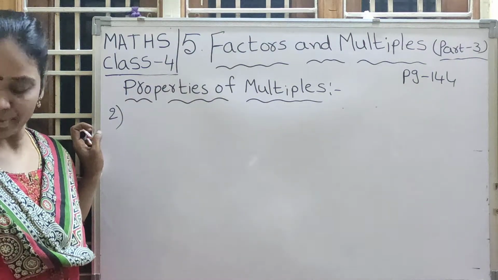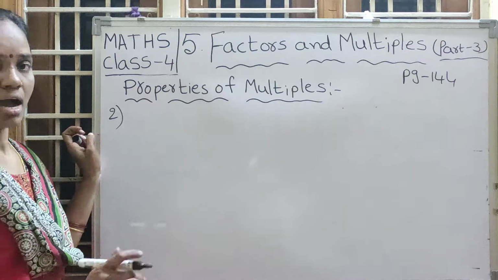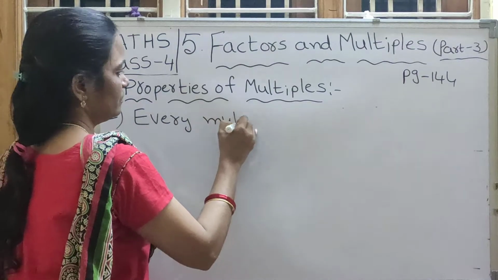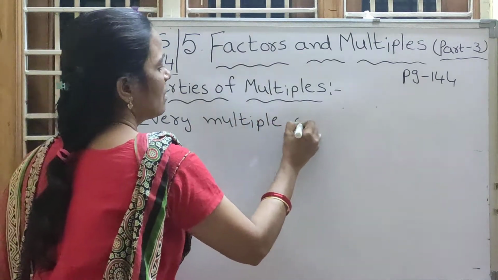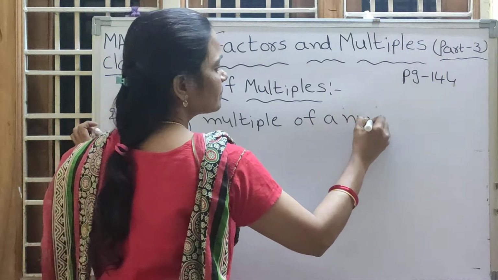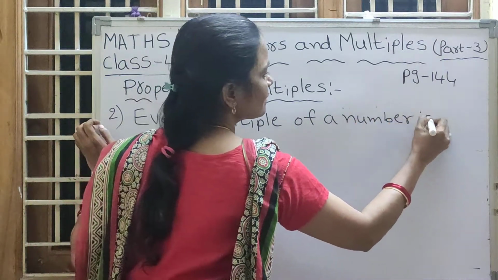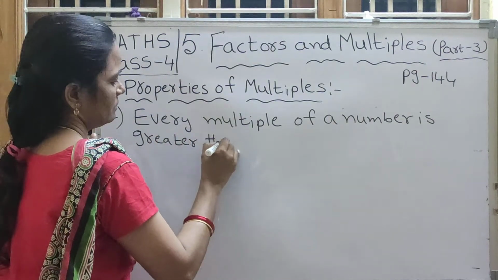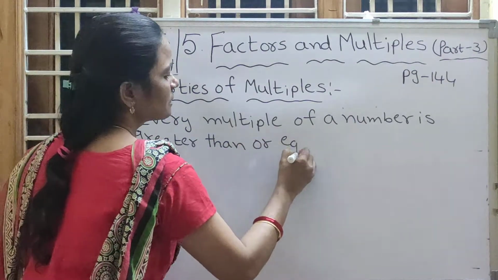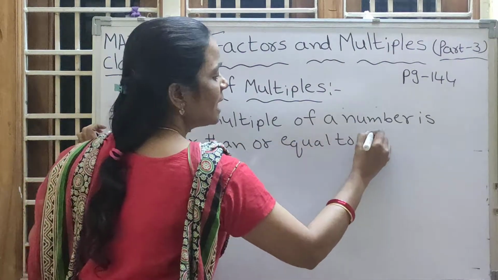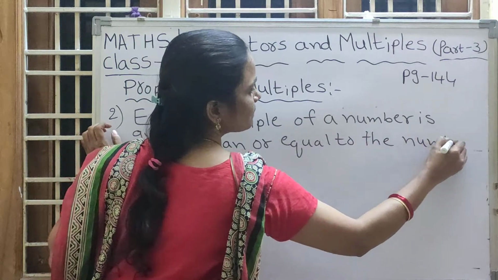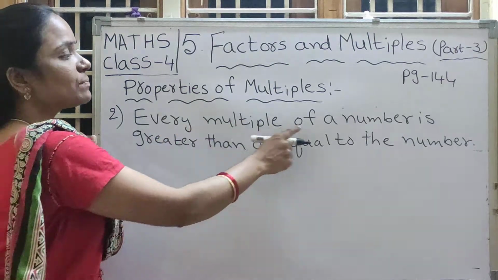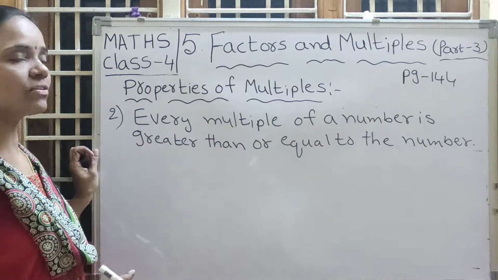Every multiple of a number is greater than or equal to the number. Okay, this is the second property. What is our second property? Every multiple of a number is greater than or equal to the number.